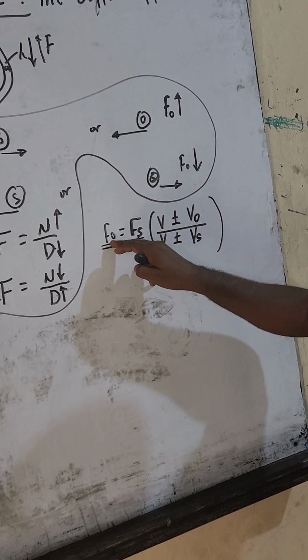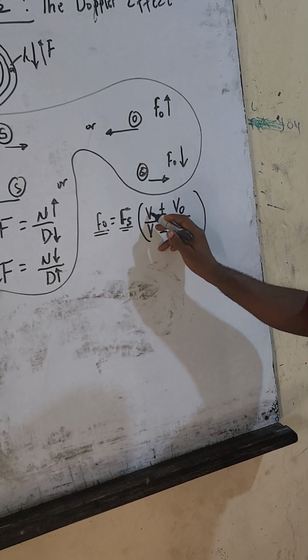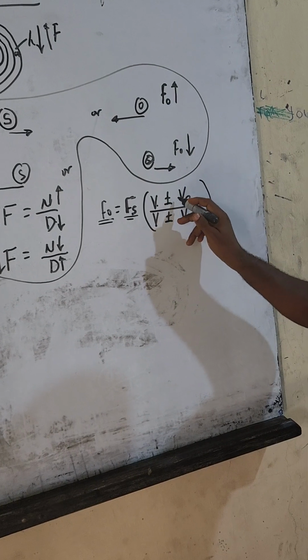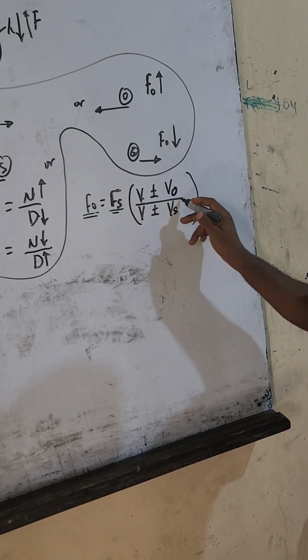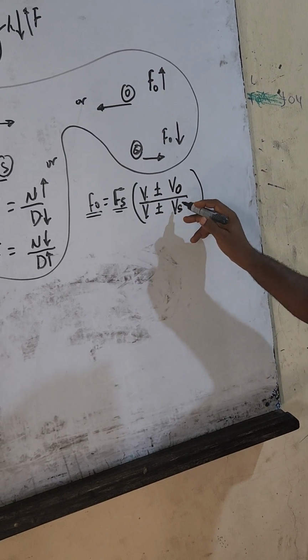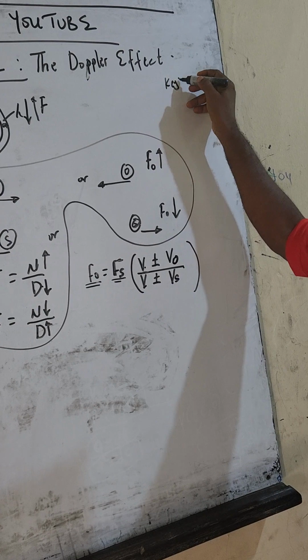Again, the frequency of the observer is given as the frequency of the source times the velocity of sound in air plus or minus the velocity of the observer, divided by the velocity of sound in air plus or minus the velocity of the source. So let me write the keywords in this formula here.